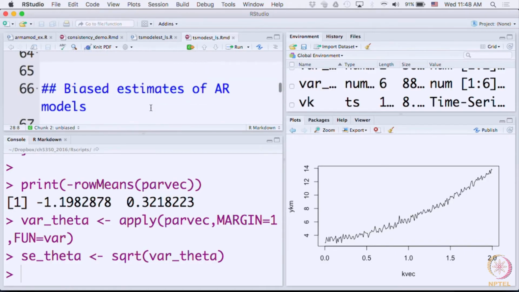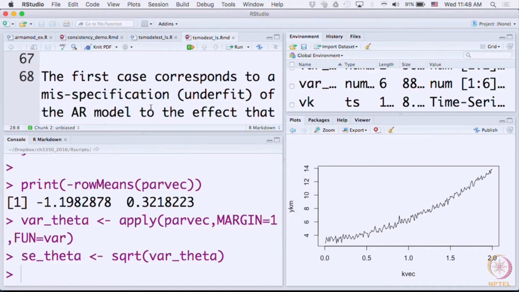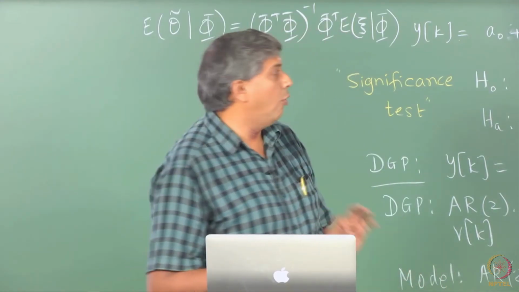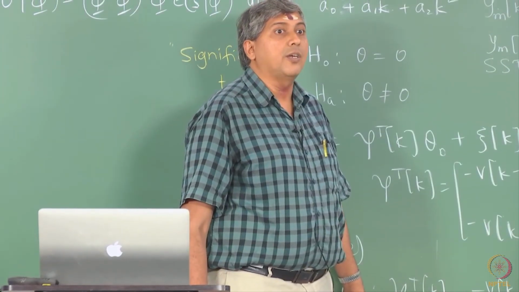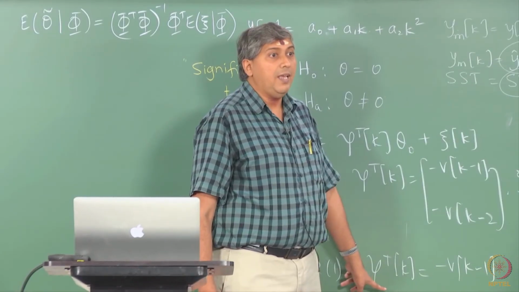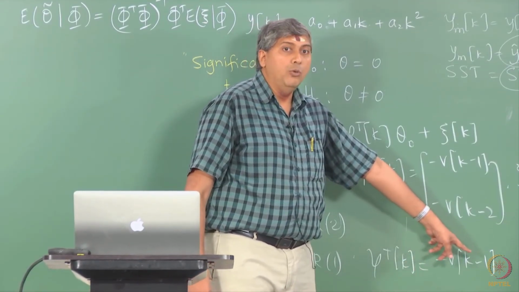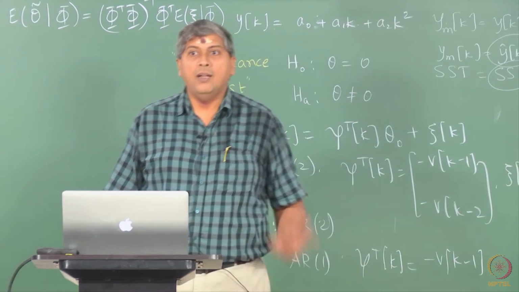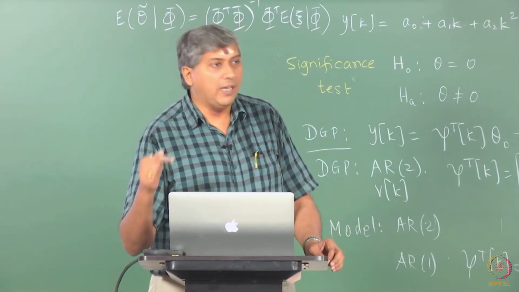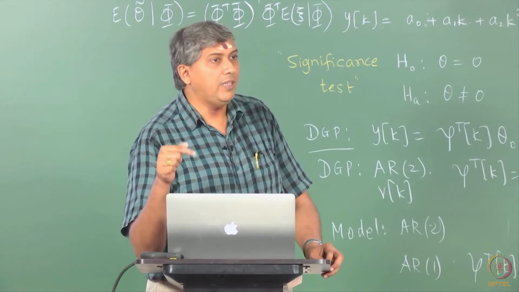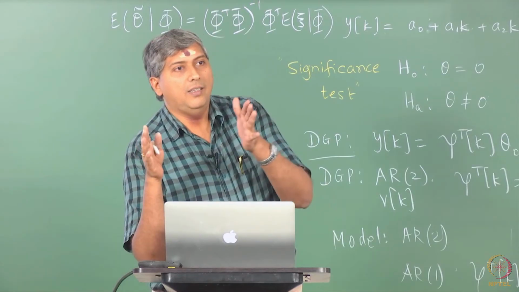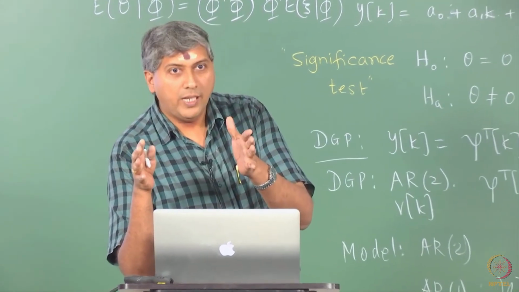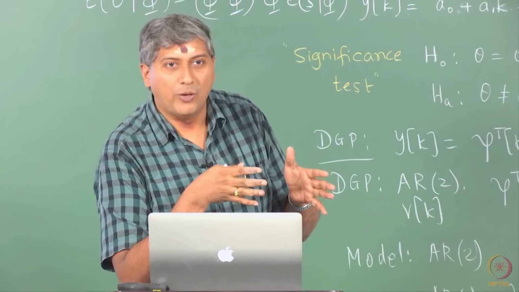So, what happens is, suppose I fit an AR1 model alone. When I fit an AR1 model, what is my regressor? This is a regressor. What have I left out? Ek plus D2 Vk minus 2. What theory tells us is I will get unbiased estimates if and only if, well, we have not proved the if and only if, whatever I have left out is uncorrelated with whatever I have included.